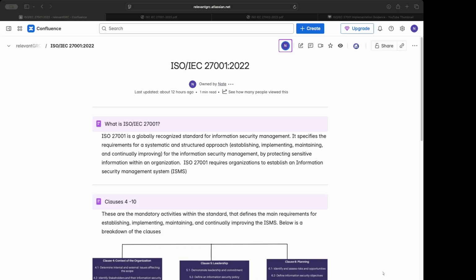Let's begin with a high-level understanding of ISO 27001, its structures and controls. Friends, this is going to be part of a series of videos I'll be making on how you can master ISO 27001 implementation. If you have already implemented ISO 27001 in your organization and are looking to mature the program, look no further.